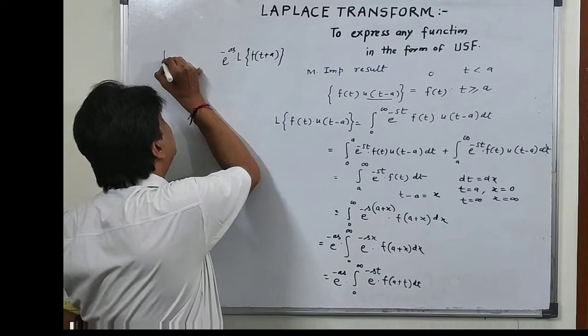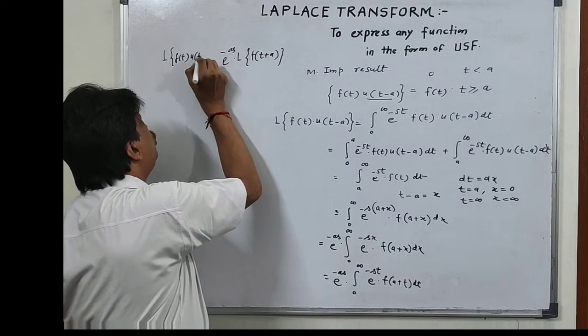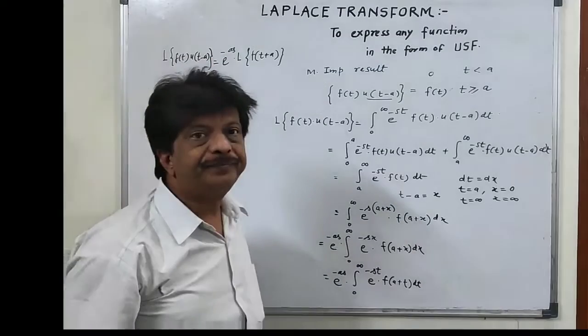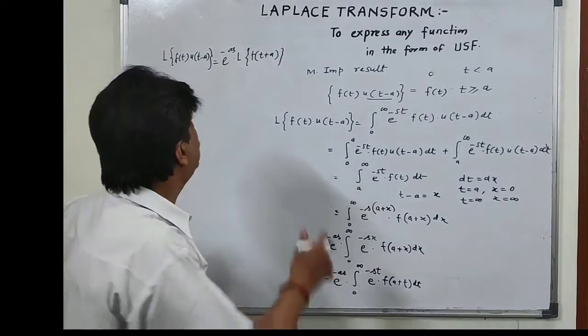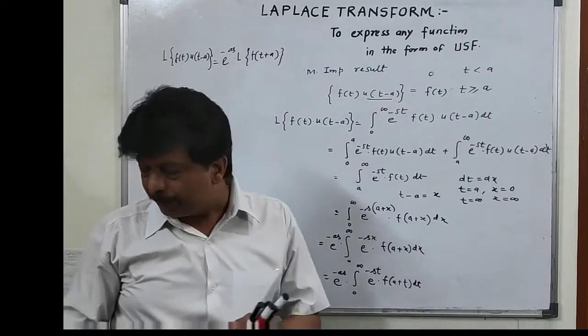This is the Laplace transform of f of t into u of t minus a. This is most important. We are using this in the next example.